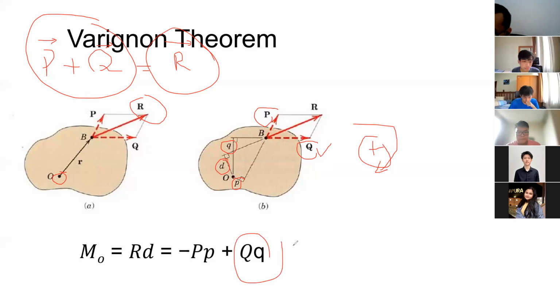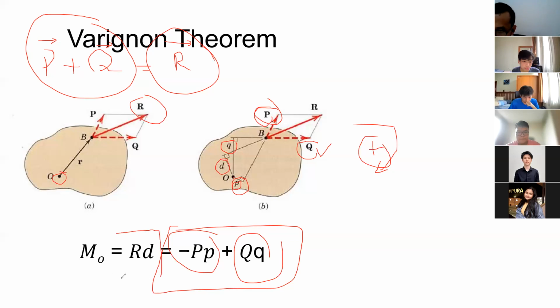So Q multiplied by small q will be positive and P multiplied by small p will be negative. So both is actually the summation of the moment caused by P and Q. It will be the same as the moment which is caused by vector R. So that's Varignon's theorem.